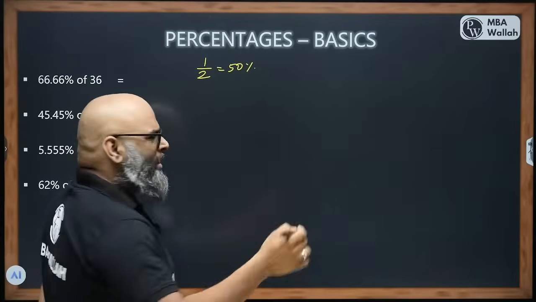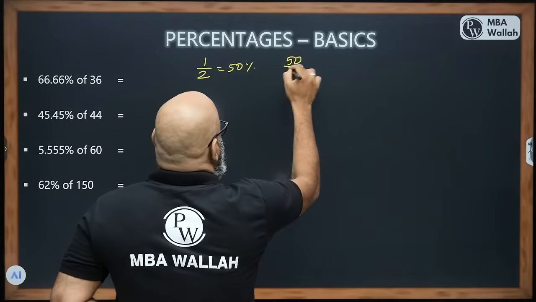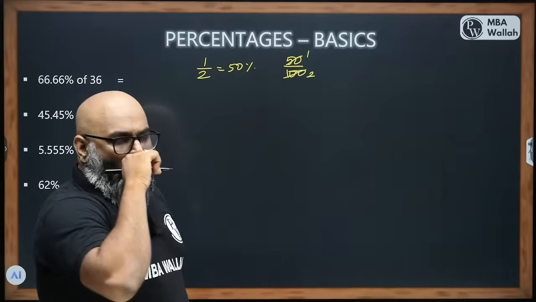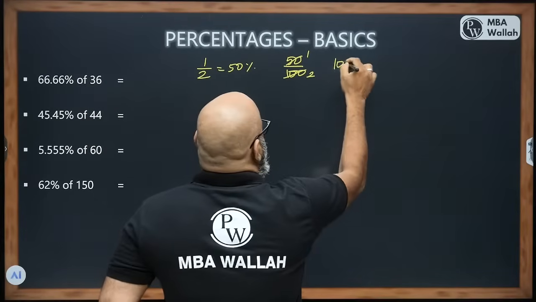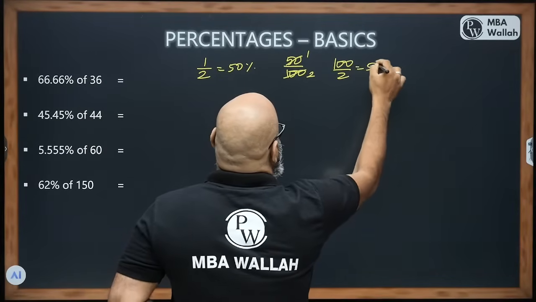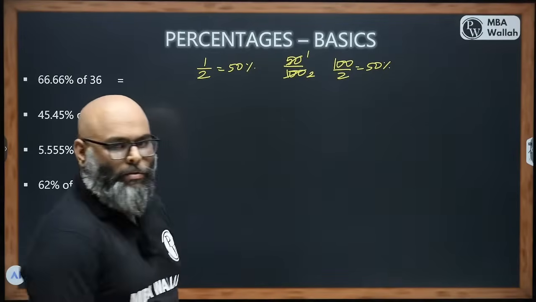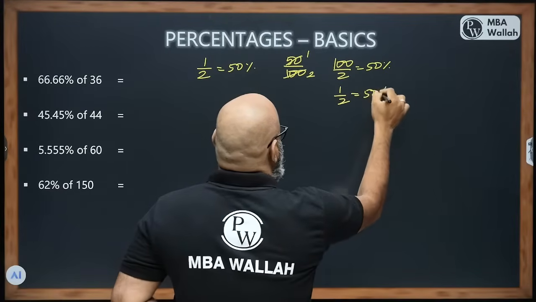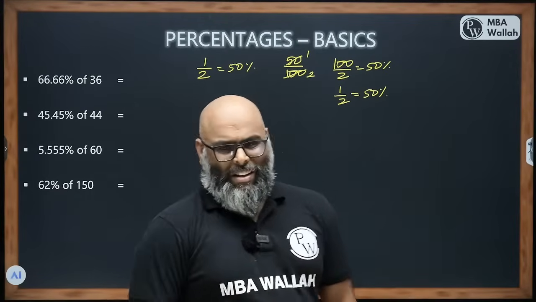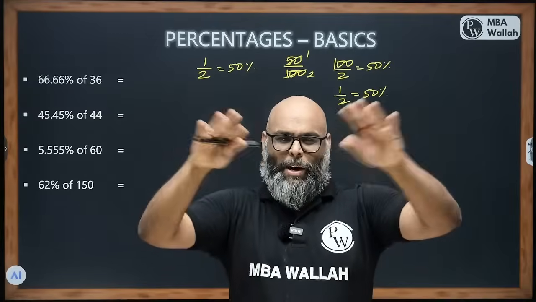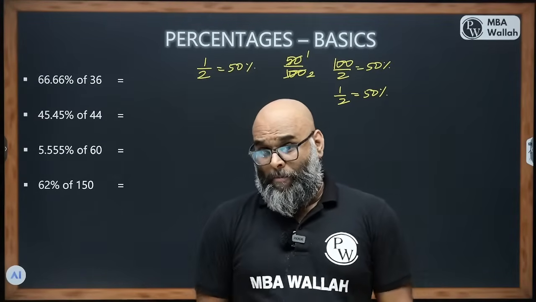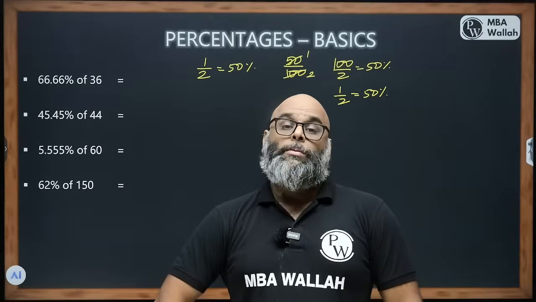It's effectively nothing but 50 by 100 simplified to give you 1 by 2. Or I can say 1 by 2 is equal to 100 by 2 percent, which is 50%. So 1 by 2 is nothing but 100 by 2 percent. The moment I can look at it in that format, it resolves a lot of problems that I have.